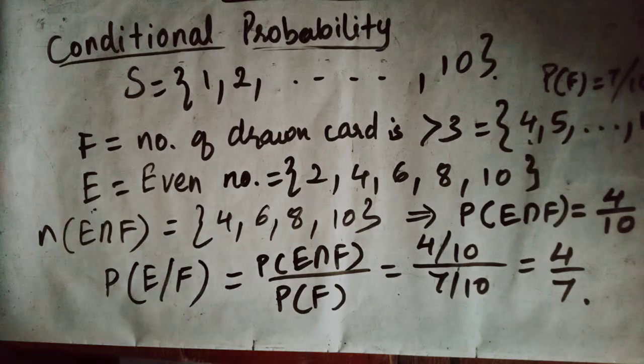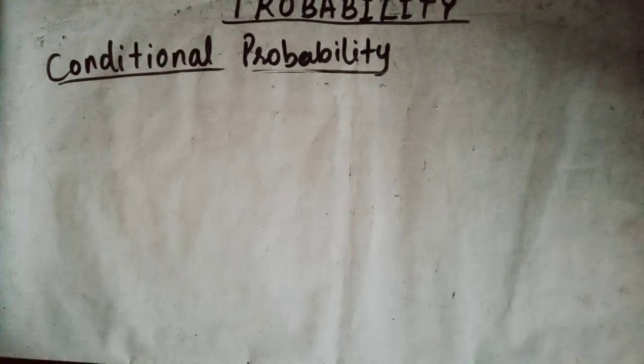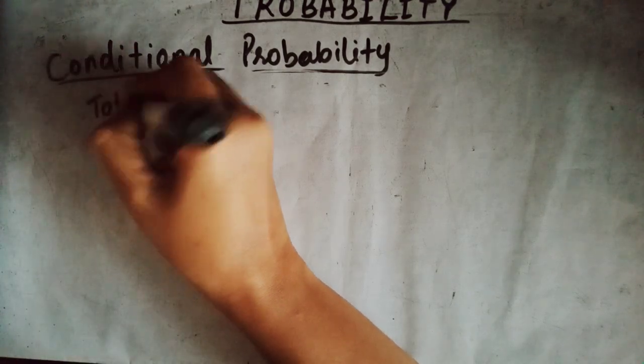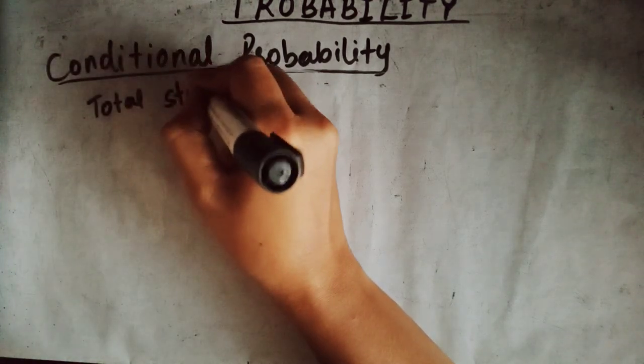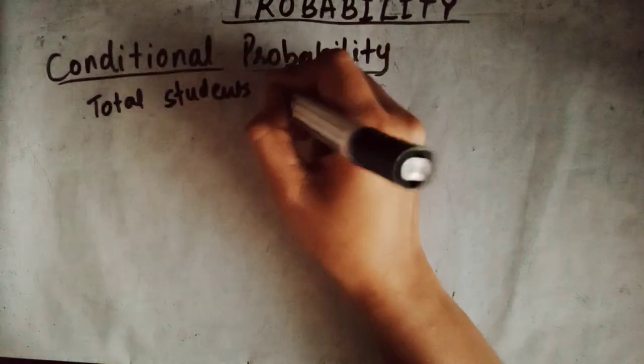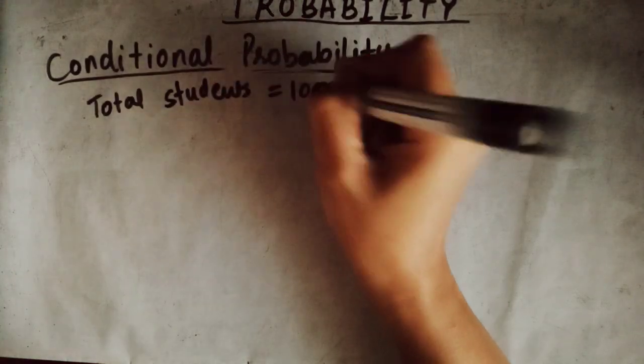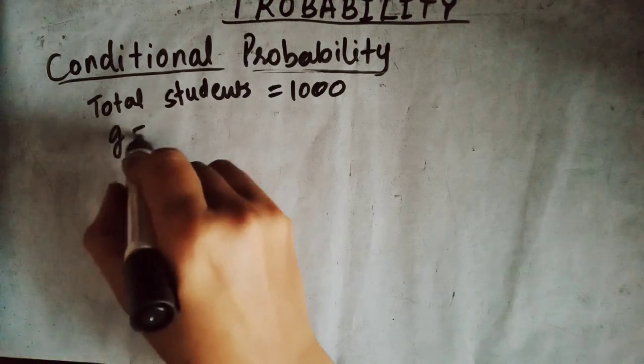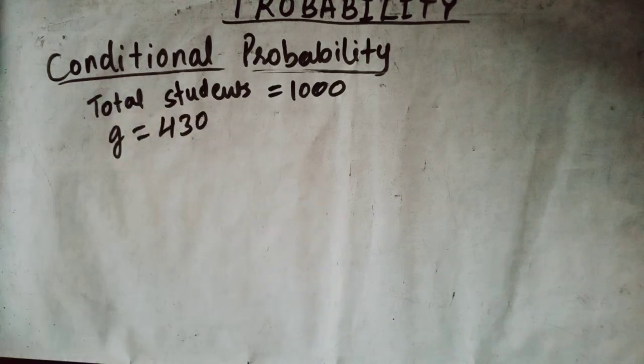Okay. Next question. In a school there are 1000 students. So total number of students is 1000. Okay. Now out of which 430 are girls. Girls are 430. Okay.